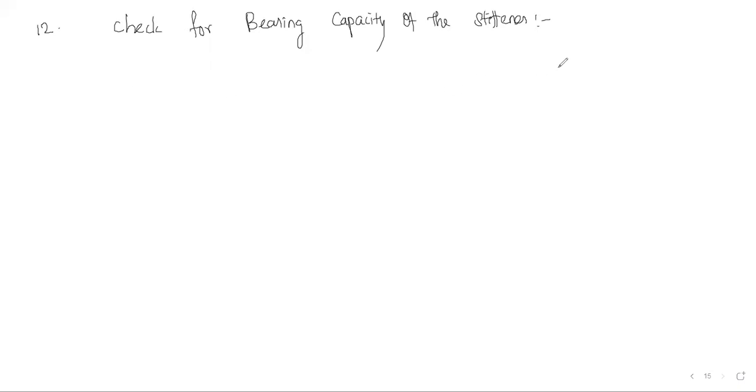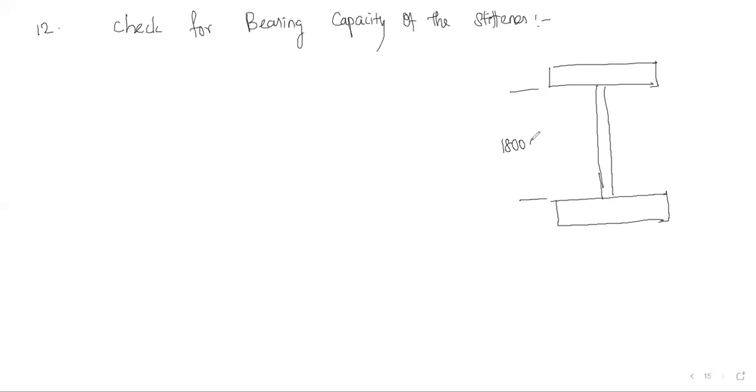So I have drawn the diagram. So this is our sectional details.